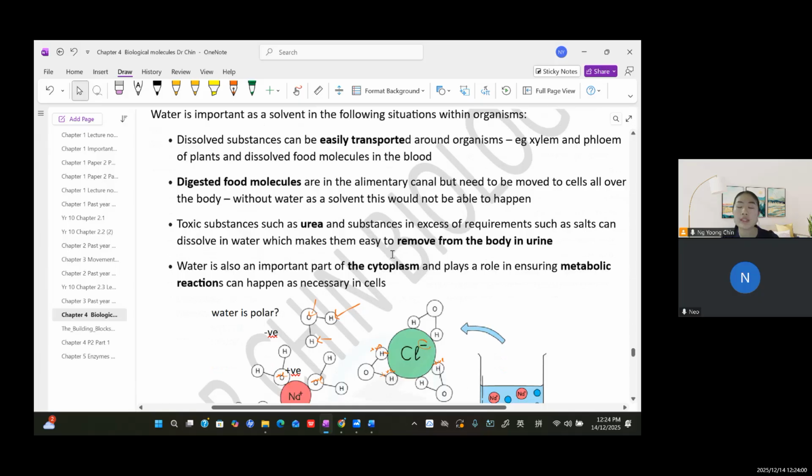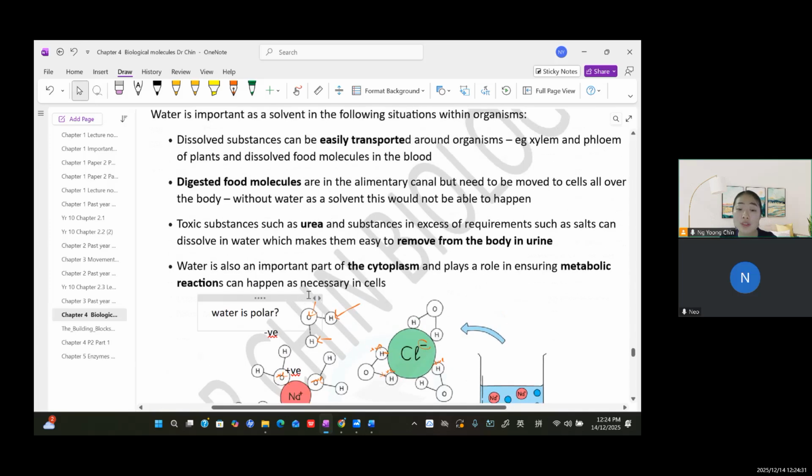Water can also help to remove toxic substances such as urea. If your body has excess salt, your body will respond by removing the salts or the urea by increasing urination, trying to flush the toxins out of your body.